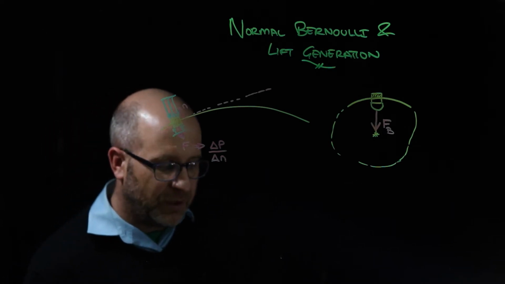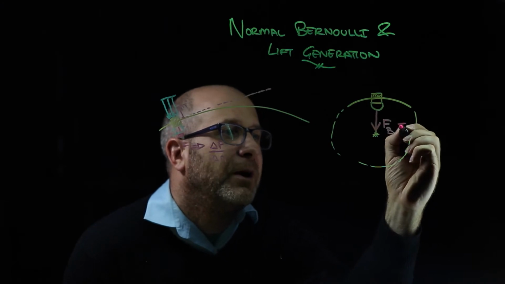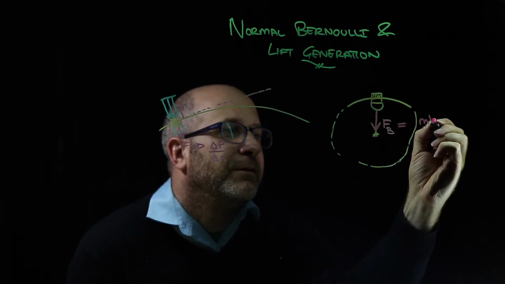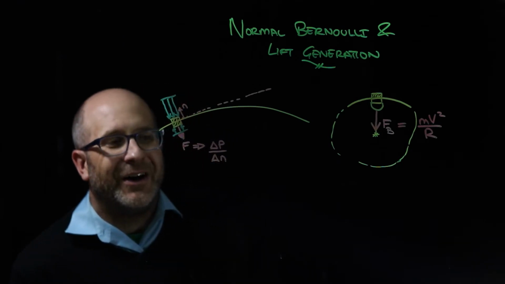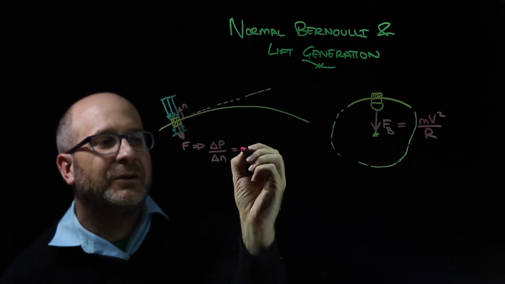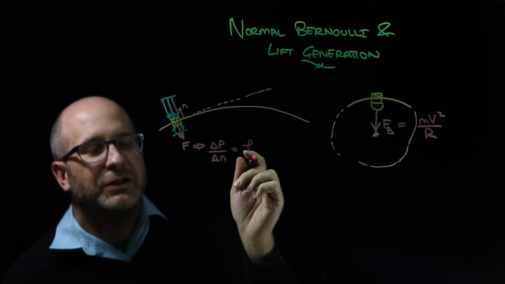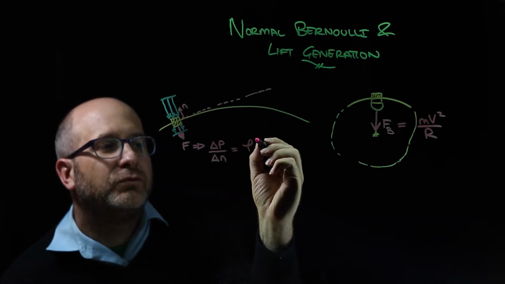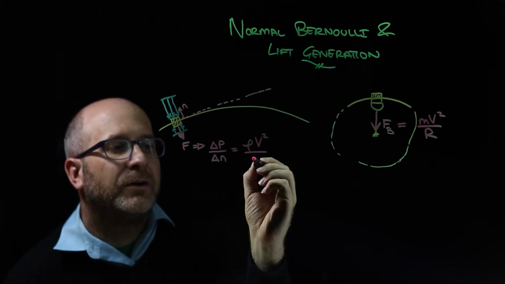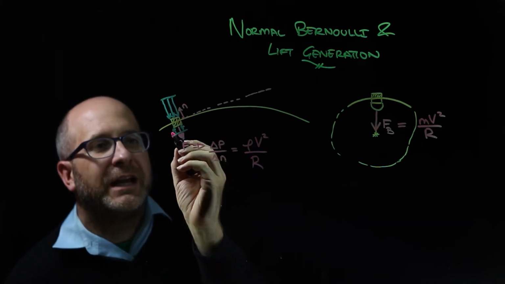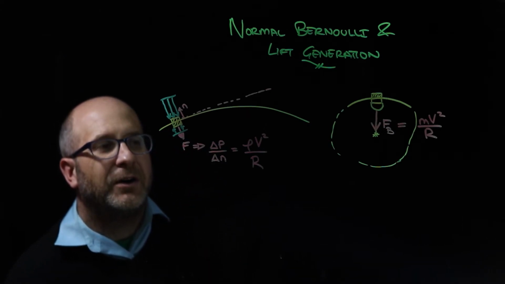So this would be my pressure difference that essentially is pushing this particle through this path. And then what I'm going to say here is, in this equation, the force of the body is equal to mv squared over r, right? On this one, what we're going to say is it's going to equal rho instead of mass, right? So the change in pressure with respect to the normal is rho v squared over r, where r is the radius of curvature of that particular particle.